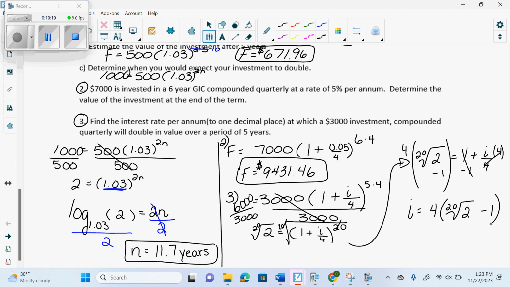So every person should be trying to fill that in, see if you get the same answer as me. So 20th root of 2 minus 1 times 4. And I get 0.14105, which is 14.1%.